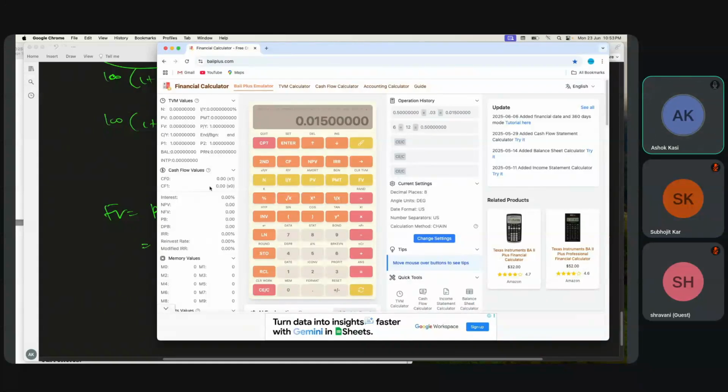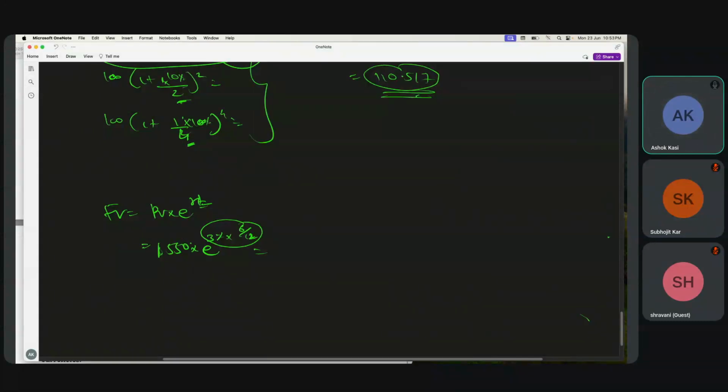Oh, right. This is 1.5%. So converted into percentage, 1.5%.